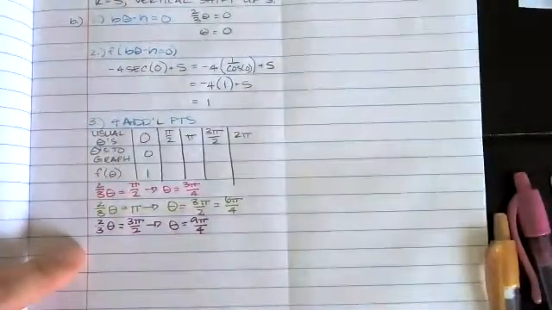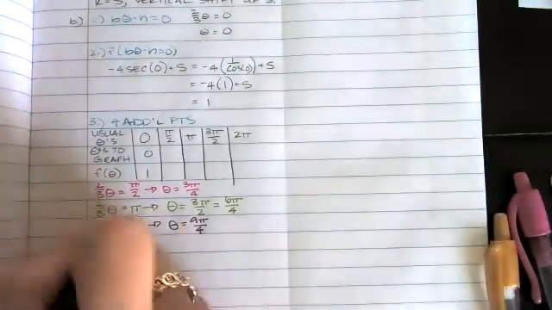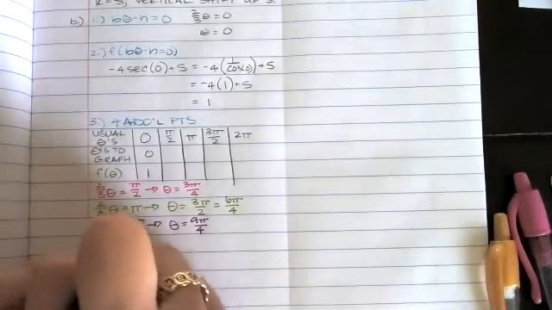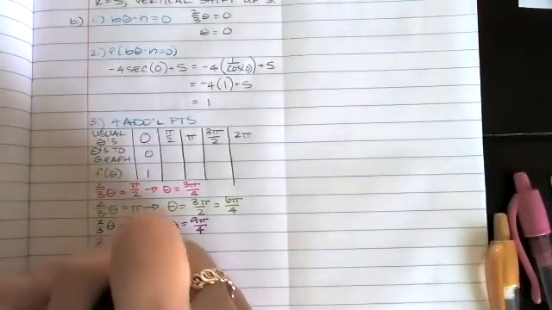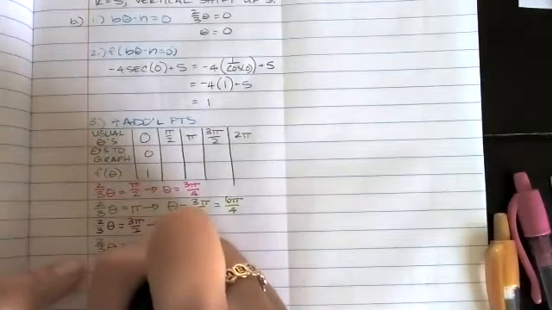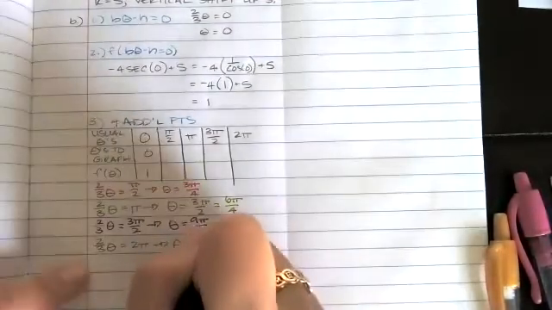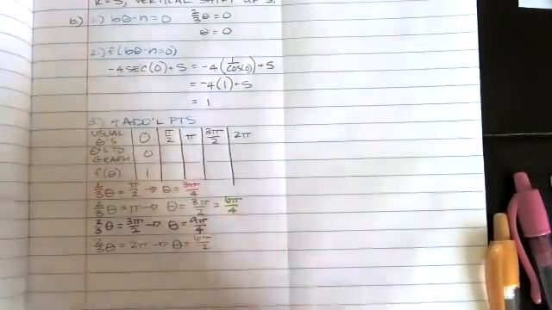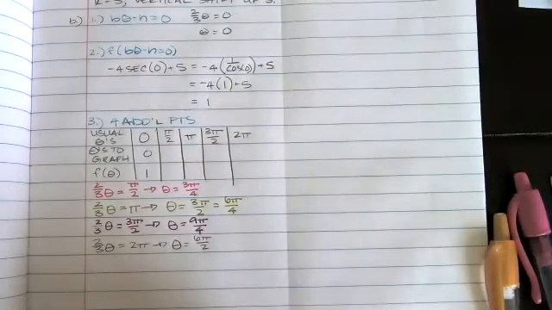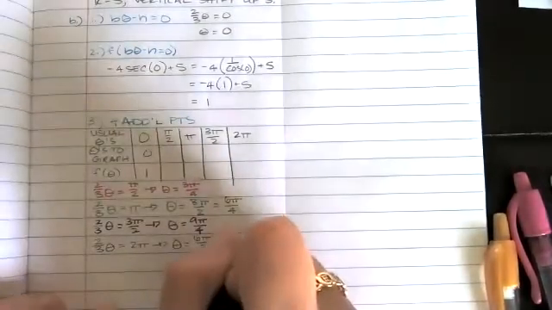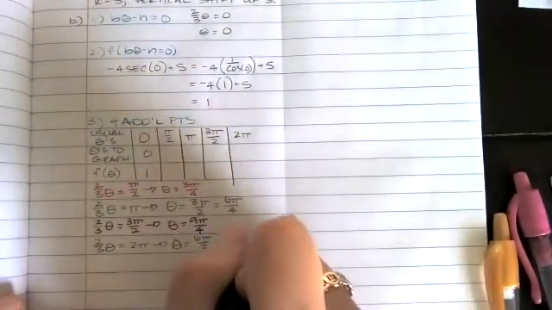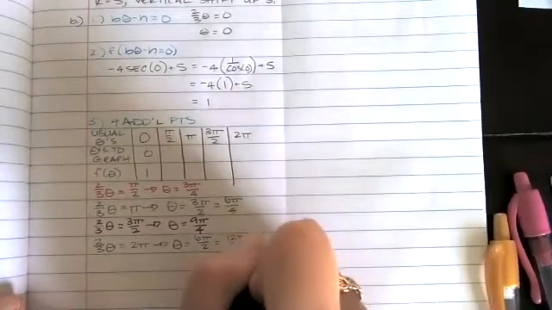And then our very last value, 2/3 theta equals 2 pi. And that gets us theta equals 6 pi over 2. Yeah, 6 pi over 2, but to get our common denominators, we're going to say 12 pi over 4.